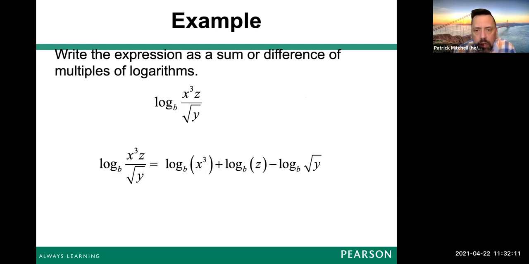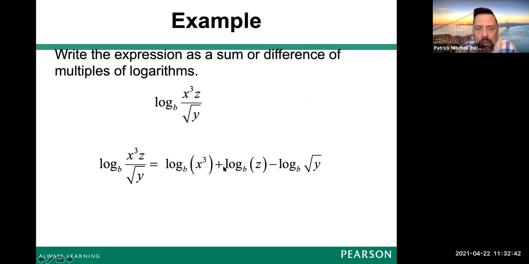All right, so the first step is we're going to use the product and quotient properties first, to rewrite this thing as a difference, log base b of x cubed z minus log base b of the square root of y. And then you can break log base b of x cubed z into these two terms, log base b of x cubed plus log base b of z.